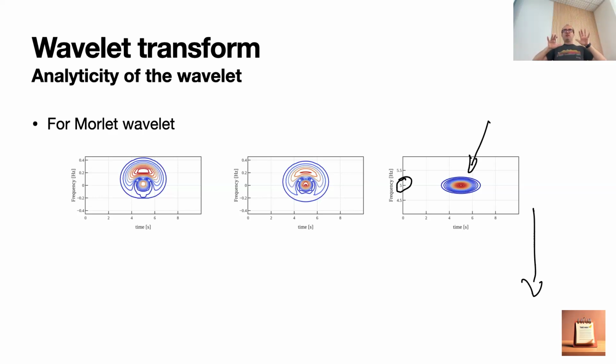And when I start pushing the wavelet lower and lower, it tries to avoid negative frequencies, but it's unable. Some of its part goes below. And if I push it further, this part becomes bigger and bigger. So the Morlet wavelet is not analytical. And if I push it really low, I will be unable to calculate impedance at the very low frequencies.